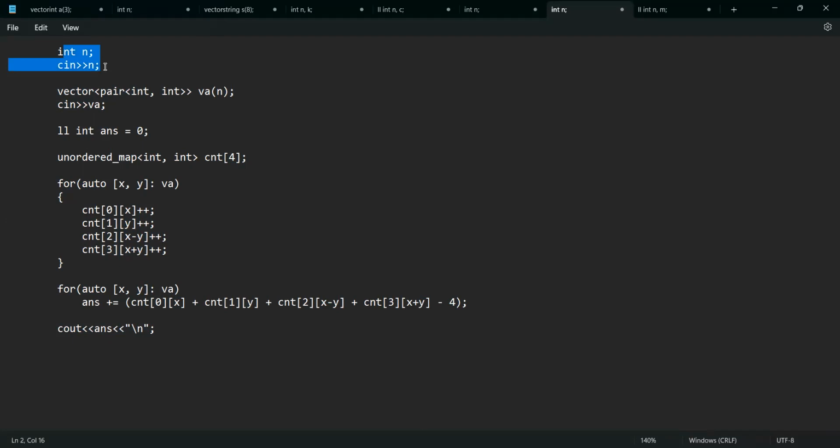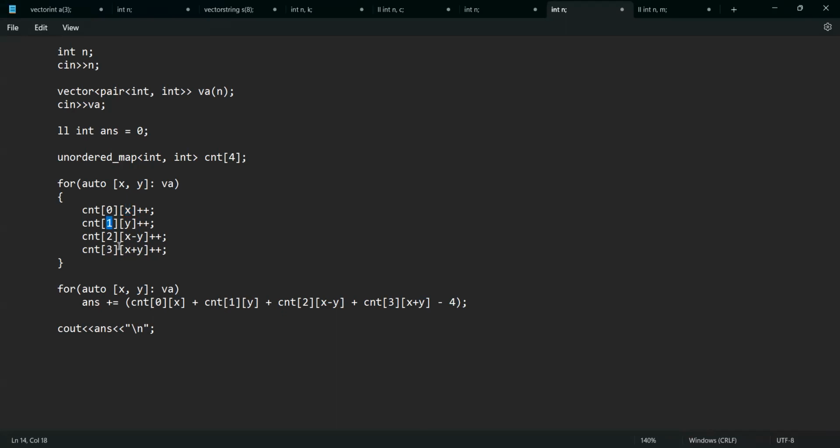See, first of all, I'm taking m as input, then I'm taking all the endpoints as input. Then I've created an array of size 4 of type unordered map. The first unordered map, the first part of my array, will have the count of all the points that have this value as their x coordinate.